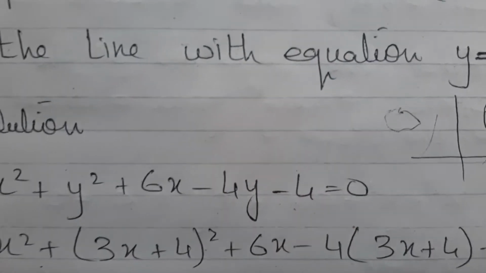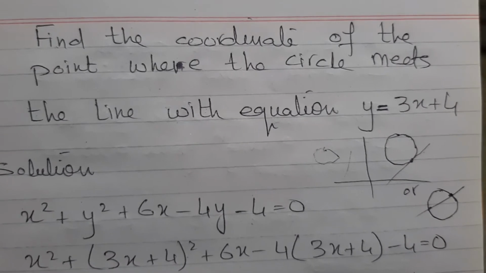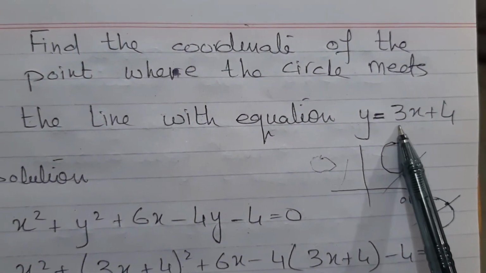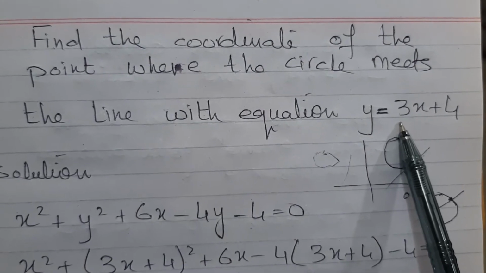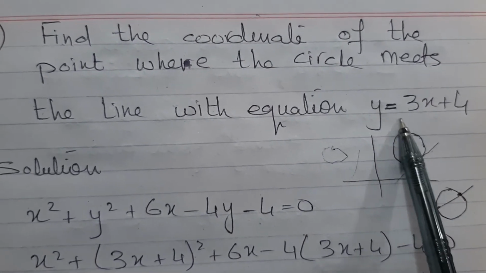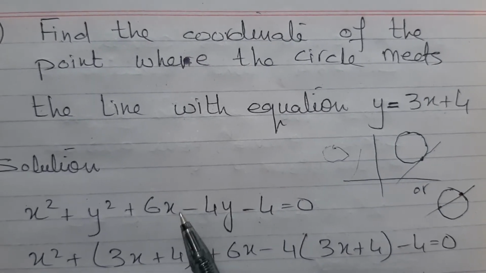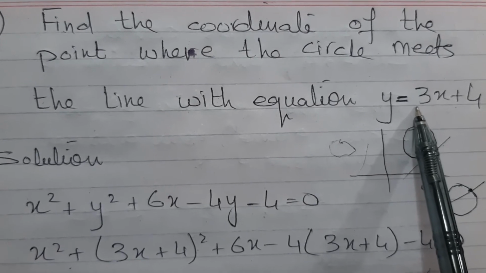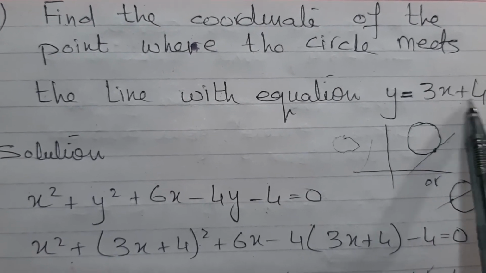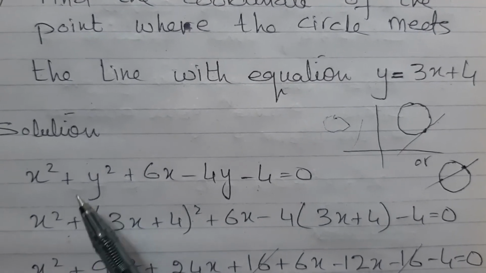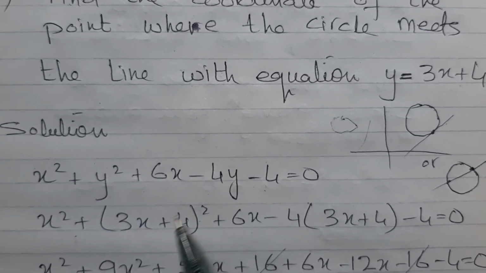So what do you understand? When we say meeting, it means they are intersecting. And when we have to find the point of intersection, we always solve two equations simultaneously. So I will solve the line equation and the circle equation simultaneously. I will substitute the value of y, which is 3x plus 4, here in the equation of the circle and here in the equation of the circle.